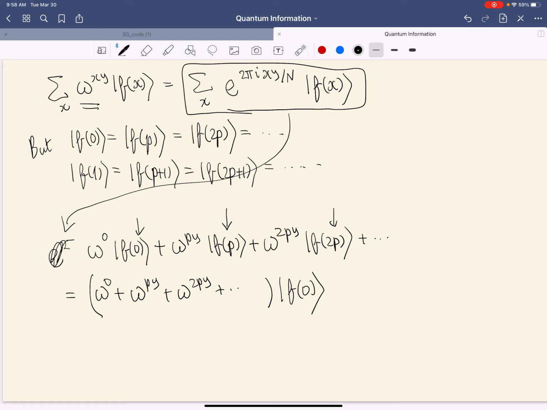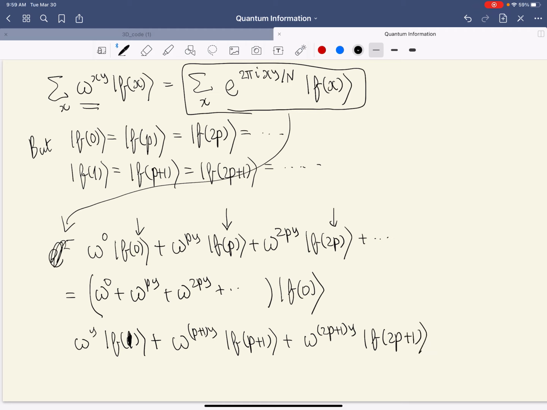And similarly, I can also write omega to the y, f of 1, plus omega to the p plus 1 times y, f of p plus 1, plus omega to the 2p plus 1 times y, f of 2p plus 1, etc. But again, these are all exactly the same states, so again I can put them into a factorized form, all multiplying exactly the same state, f of 1.